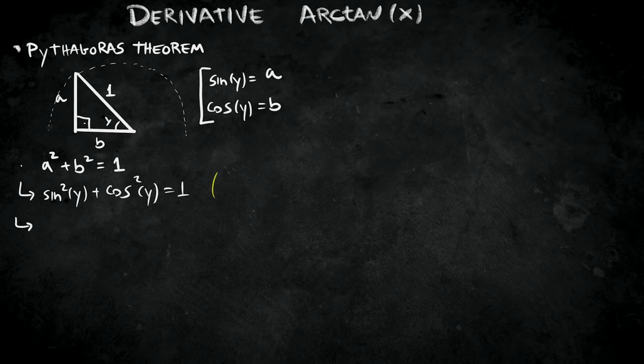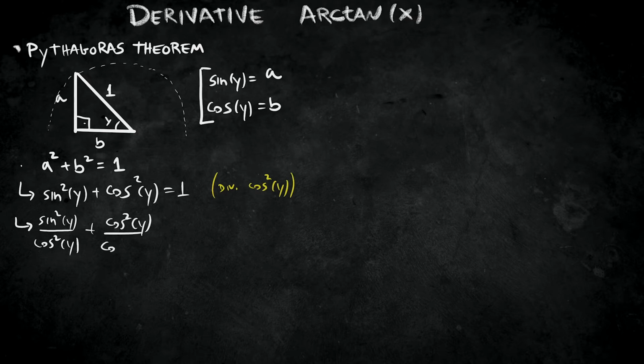Let's assume the cosine of y is not 0. We're gonna work in intervals where it's not 0. And then we can divide both sides of our equation by cosine squared of y. And then we're gonna have sine squared of y over cosine squared of y plus cosine squared of y over cosine squared of y equals 1 over cosine squared of y.